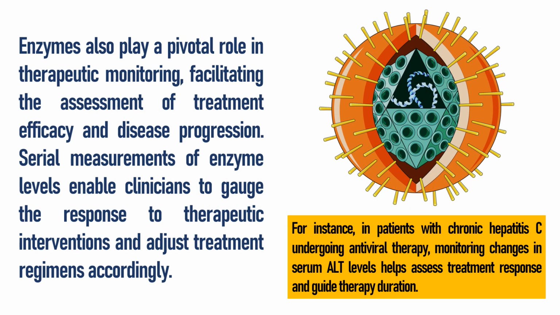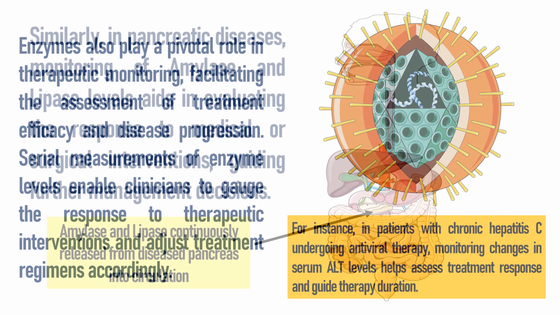Enzymes play a pivotal role in therapeutic monitoring, facilitating the assessment of treatment efficacy and disease progression. Serial measurements of enzyme levels enable clinicians to gauge the response to therapeutic interventions and adjust treatment regimens accordingly. For instance, in patients with chronic hepatitis C undergoing antiviral therapy, monitoring changes in serum ALT levels helps assess treatment response and guide therapy duration.